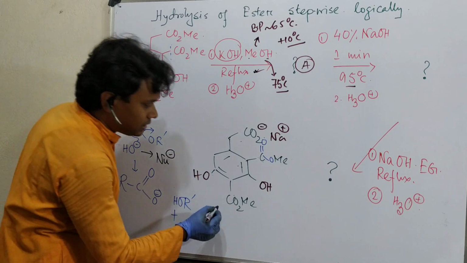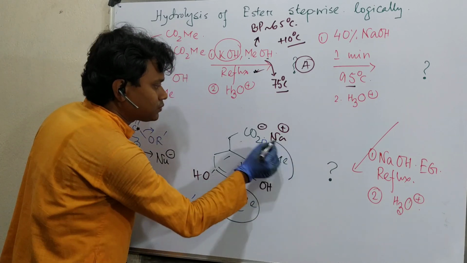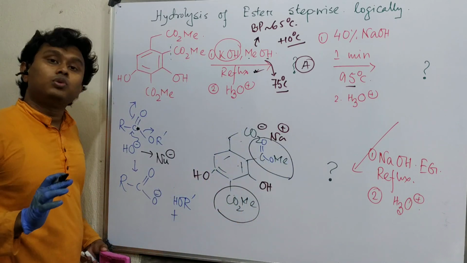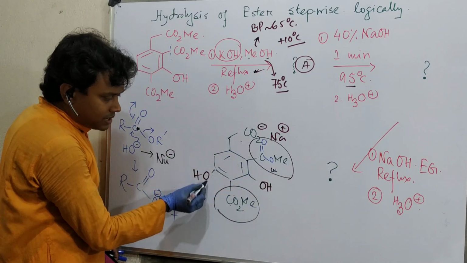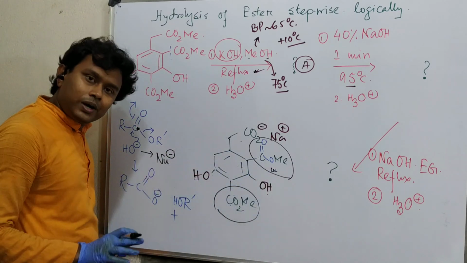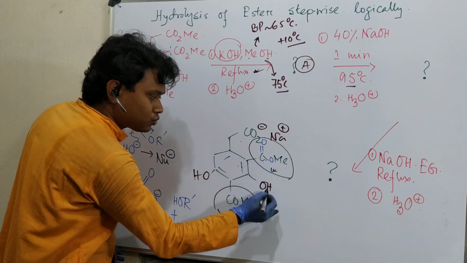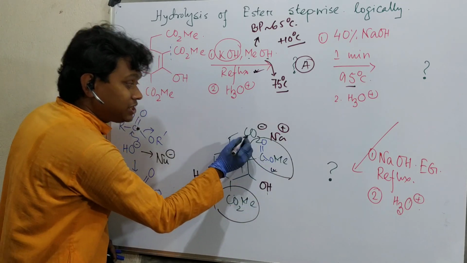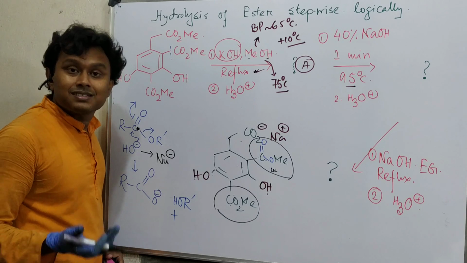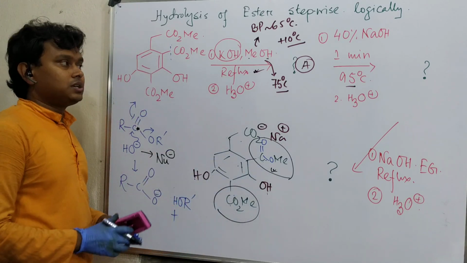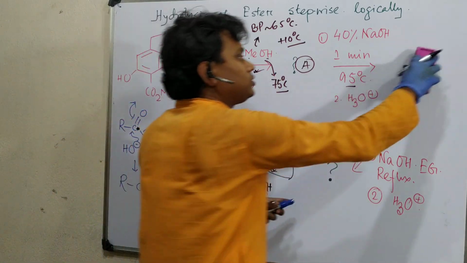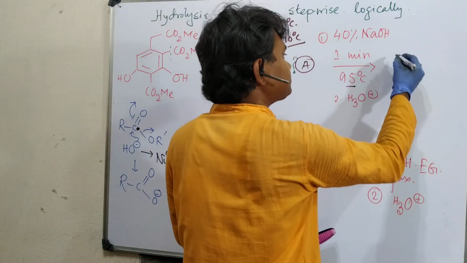If you consider this versus this, which is under more steric crowding? Obviously this one. See, in this case both are hydroxyl, in between two hydroxyls, whereas in this case one is hydroxyl and one is CH2COO minus, which is bigger. Consequently, this one will be hydrolyzed. So in the second step, what will be the structure of the product?